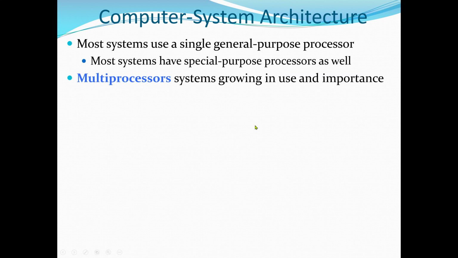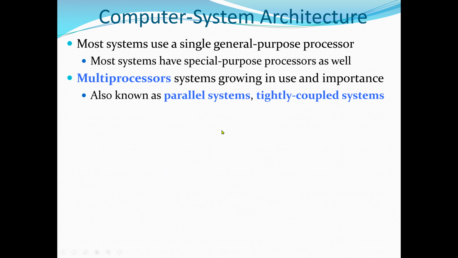In the modern computer system, we have a multiprocessor system. This system is growing in use and is very important, also known as a parallel system or tightly coupled system. Our modern computers, from mobile devices to servers, are now dominated by multiprocessor systems.